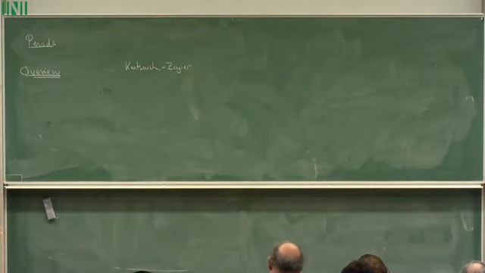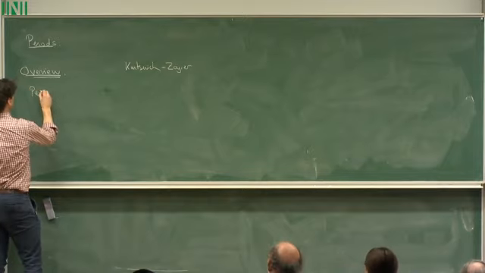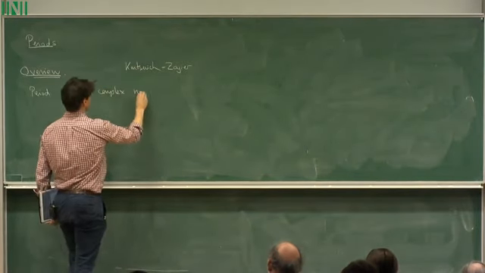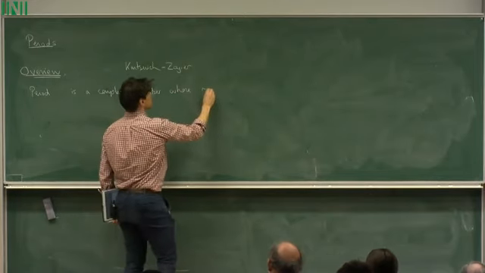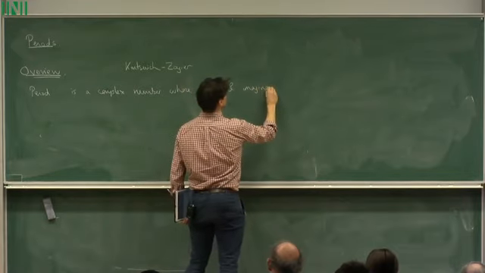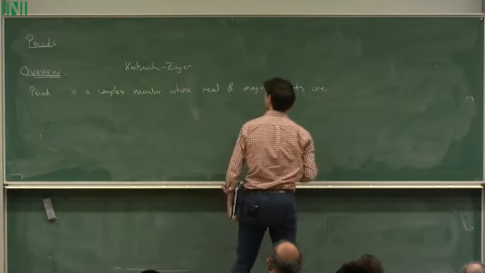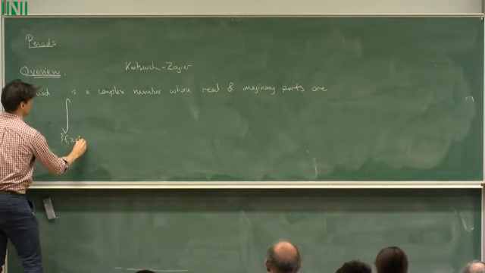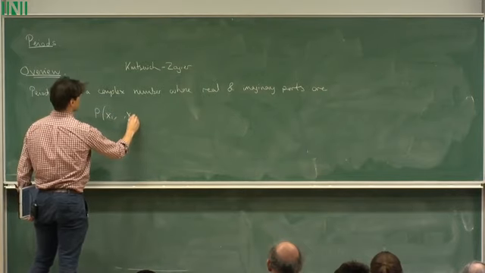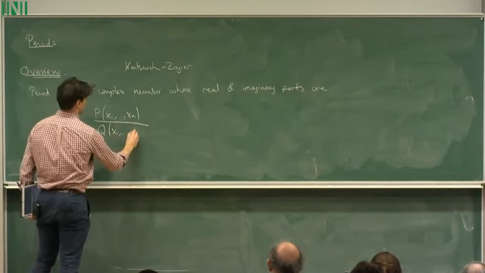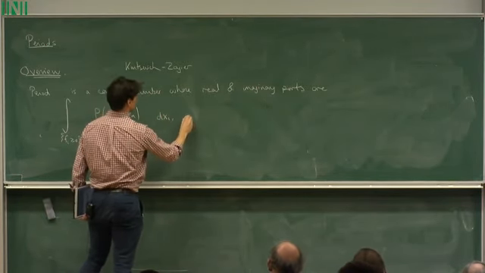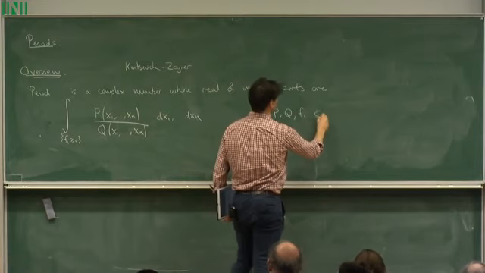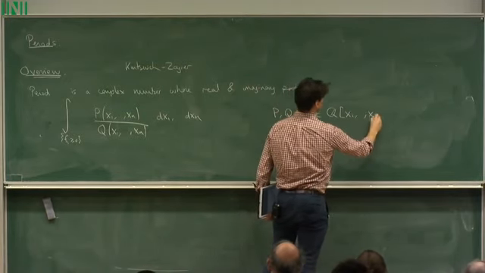The way they introduce the subject is very nice, very elementary, and they say that a period, I'm going to change the definition in a minute, is a complex number whose real and imaginary parts are given by convergent, let's not worry about convergence, integrals of the form of a rational function in variables x1 up to xn, where p, q, and f_i are a finite set of polynomials with rational coefficients.